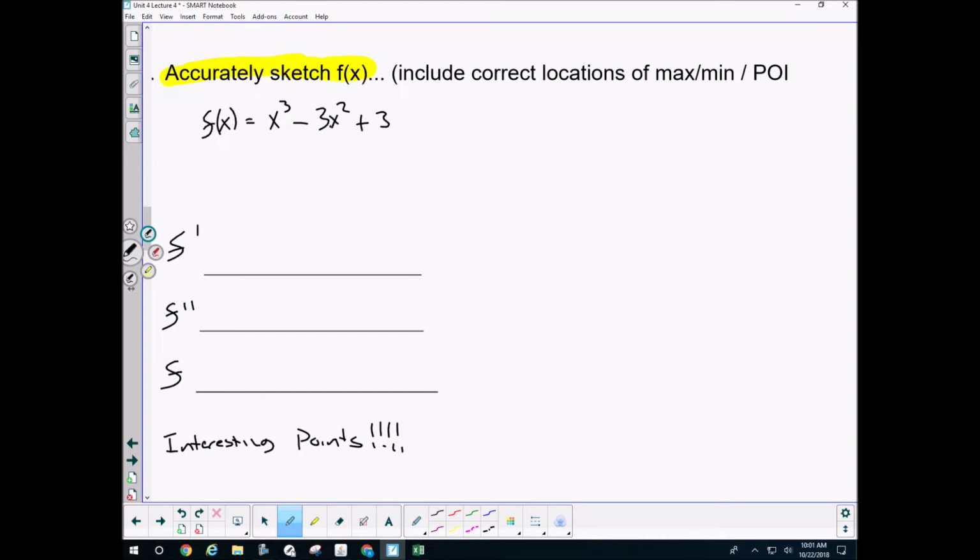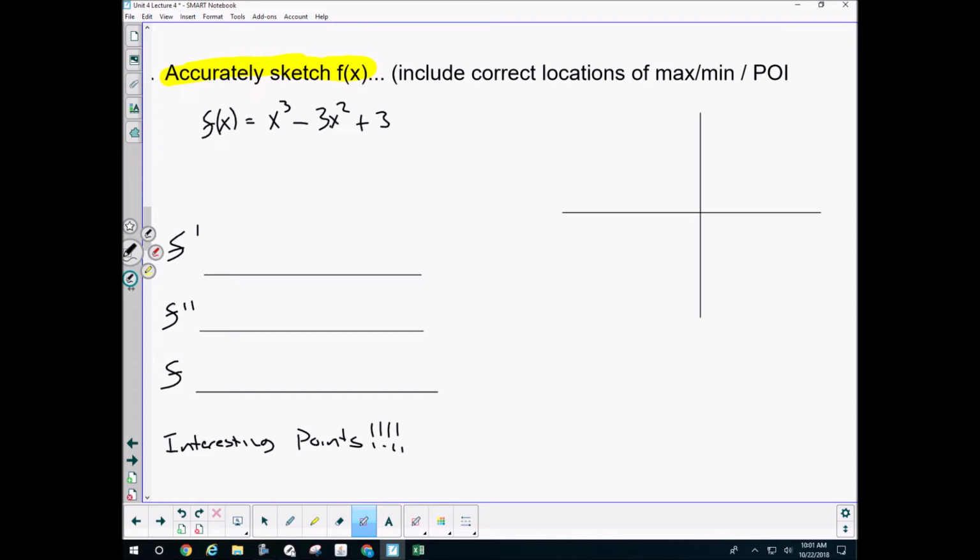Okay, let's go ahead and do our analysis of f prime and our analysis of f double prime. Once we have all of that information, the shape, and some interesting points, we're going to do a great job sketching f. And this, my friends, is like the culminating type of problem from this unit.